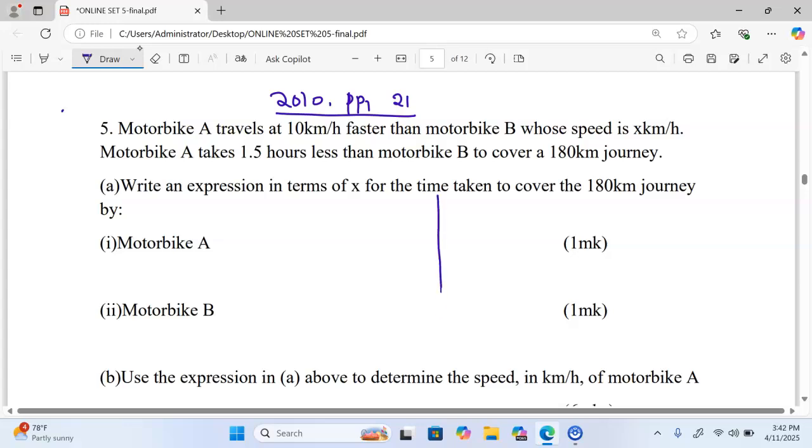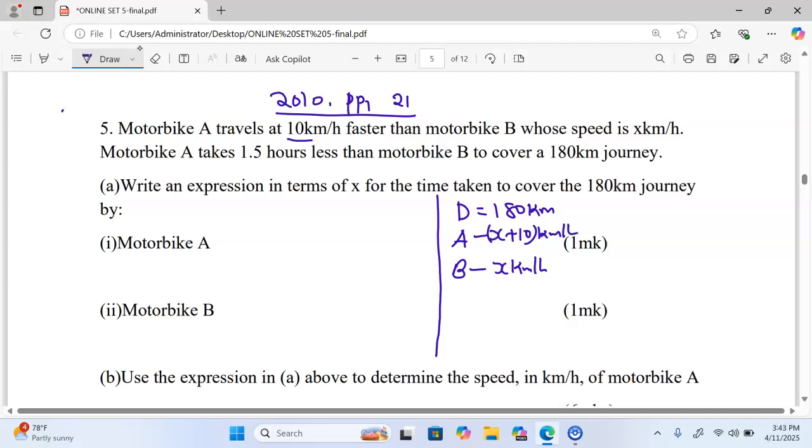We have been given the distance, and the distance is 180 kilometers. We have A and B. We have been told that the speed of B is x kilometers per hour, and motorbike A travels 10 kilometers per hour faster than B, meaning the speed of A is x plus 10 kilometers per hour.